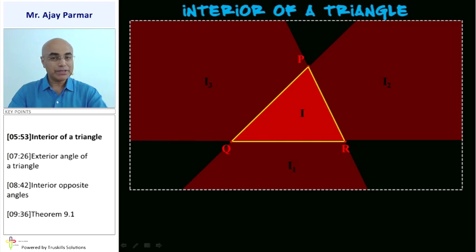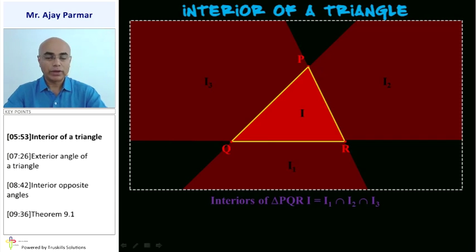That means we can represent it in a set notation like interior of triangle PQR I is nothing but I1 intersection I2 intersection I3, where I1, I2 and I3 are nothing but the interiors of angle P, angle Q and angle R respectively.